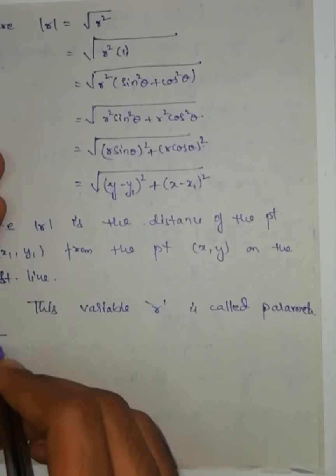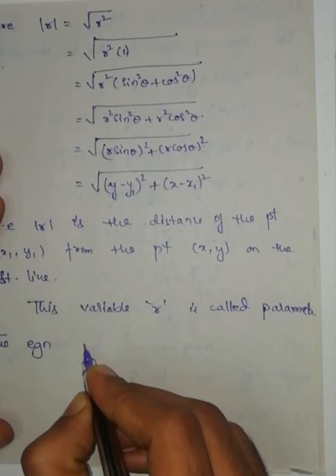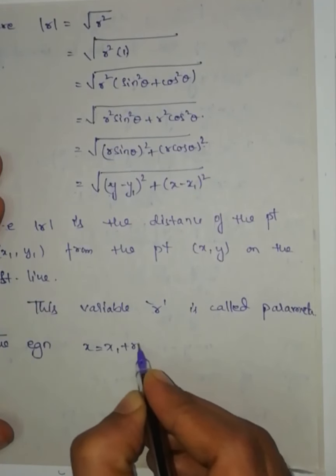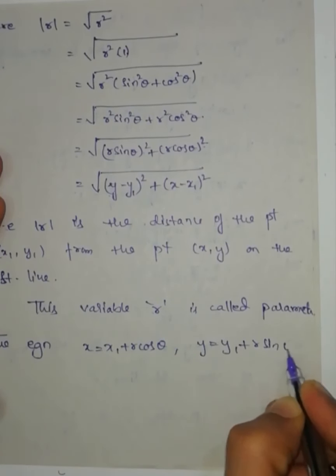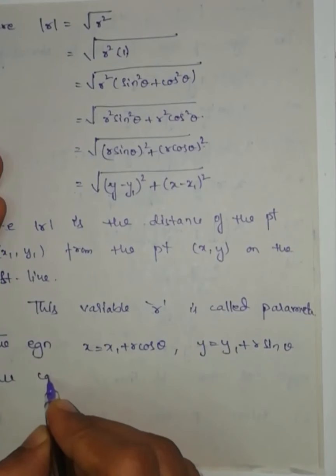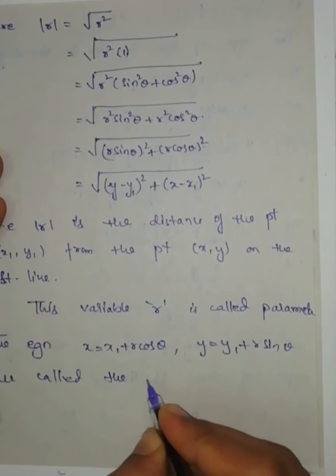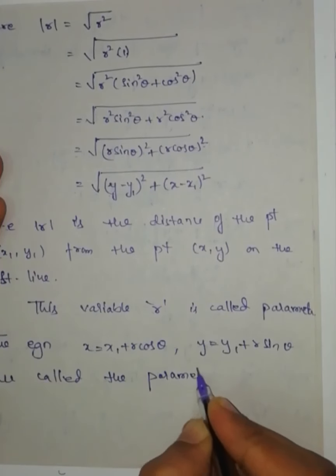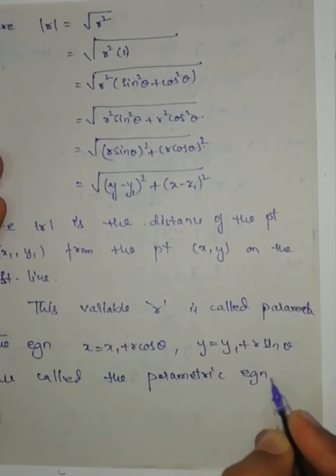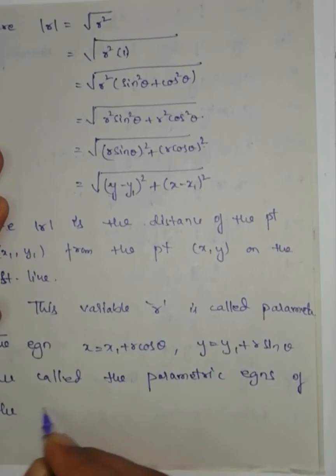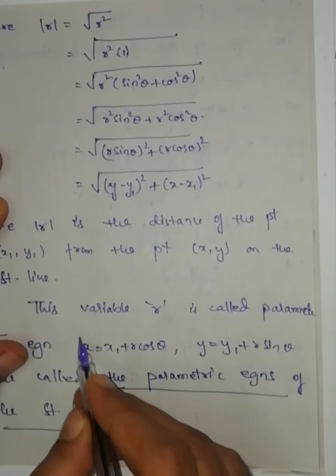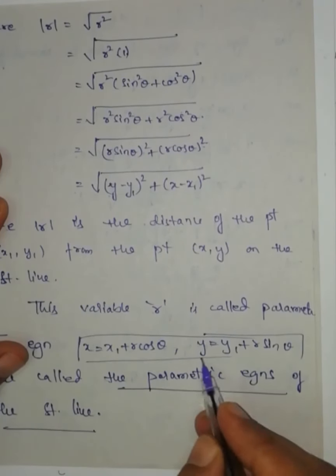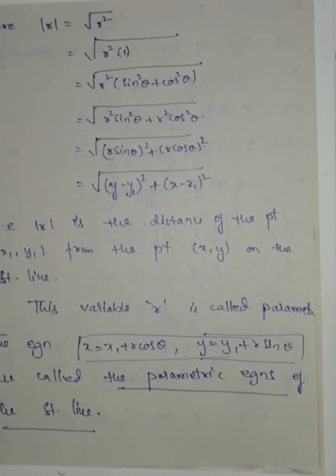The equations x is equal to x1 plus r cos theta, y is equal to y1 plus r sin theta are called the parametric equations of the straight line. This equation x is equal to x1 plus r cos theta, y is equal to y1 plus r sin theta is called the parametric equation of the straight line.